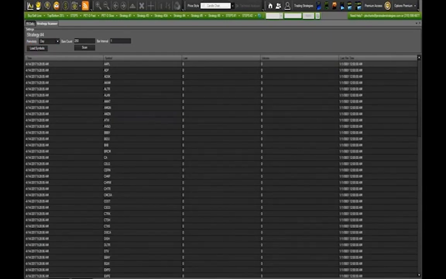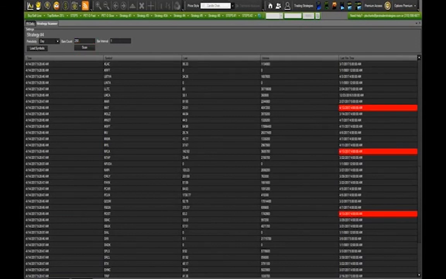It takes about 10 seconds to upload. Once you have all the stocks on the screen, you simply hit scan. It's that simple. We've taken all the hard work out, and in moments, you'll see either green or red bars on the right. If you see a green bar, that's a buy setup for the next day. If you see a red bar, that's a sell setup for the next day.